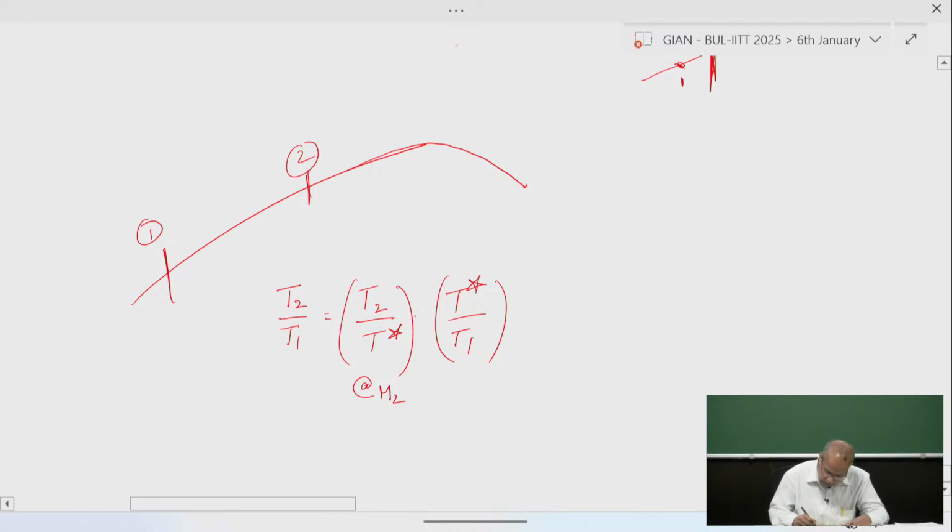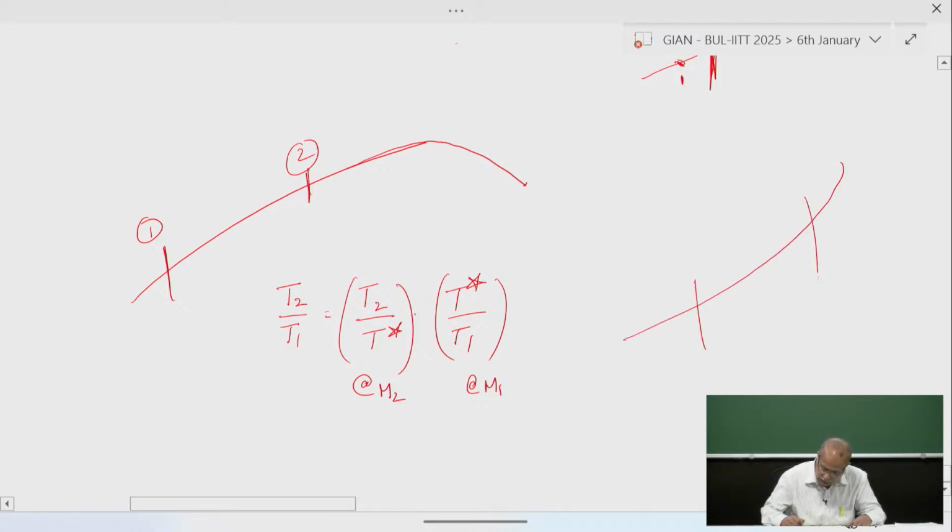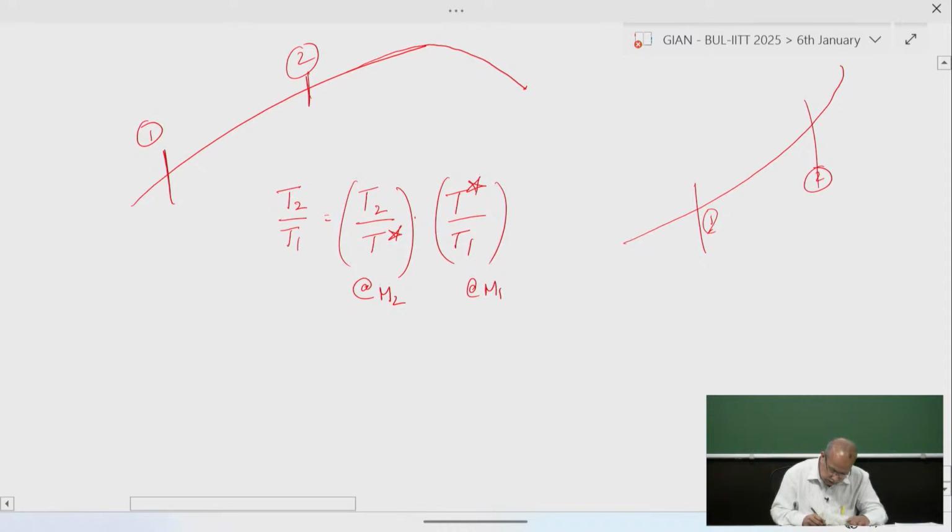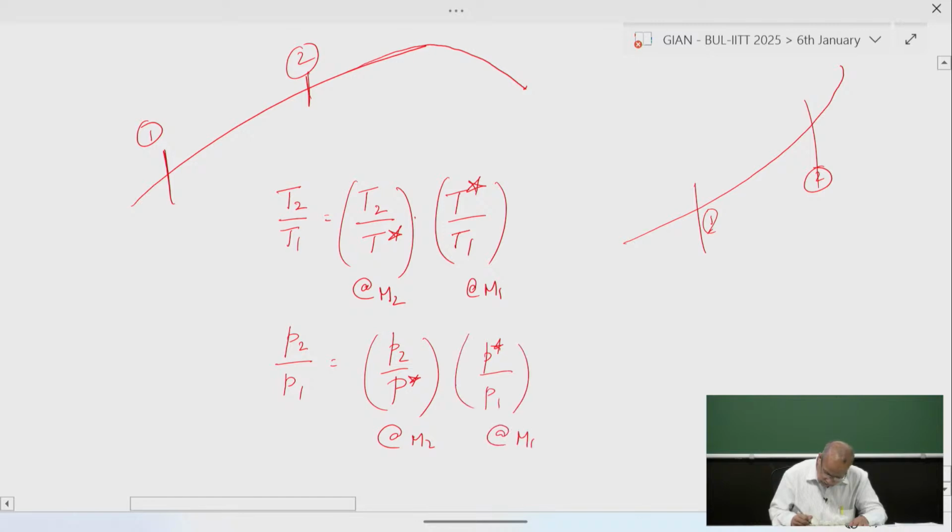T1 by T star by T1 corresponds to M1. Is that clear? So this is the same whether it is the lower branch as well as the upper branch. So this is what you need to remember. So we can write here P2 by P1 is P2 by P star at M2 and P star by P1 at M1.